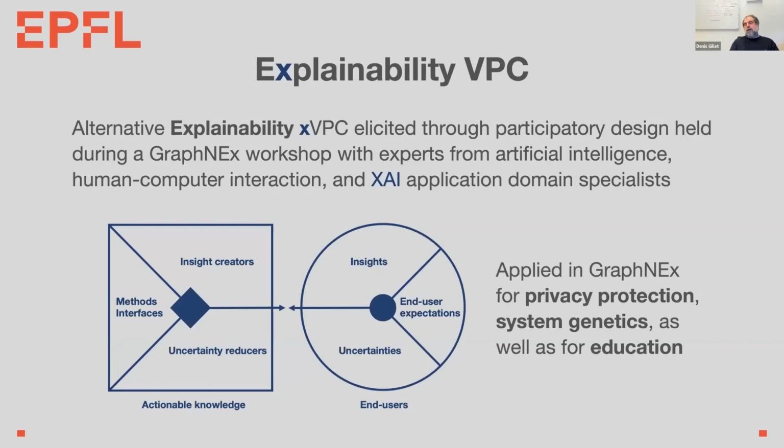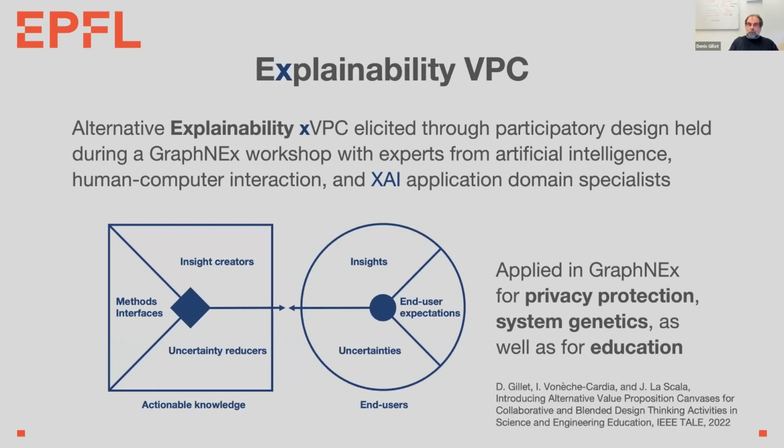And in GraphNext, we have two application domains, which are privacy protection and system genetics. So we are using that now for designing the interfaces, and we are also applying it for education, and we published that if you want to refer to it in the IEEE education conference for advanced engineering education.